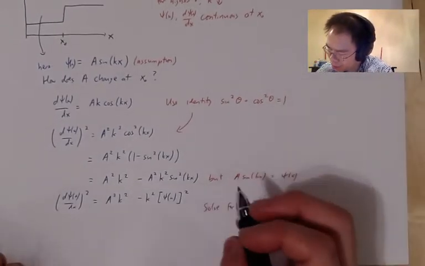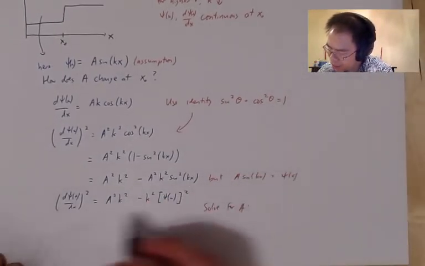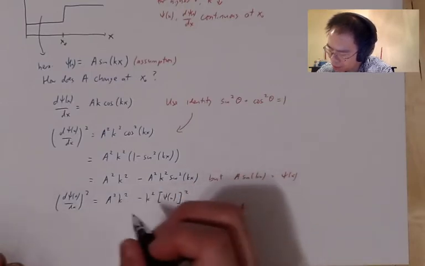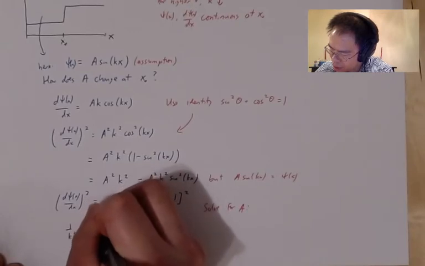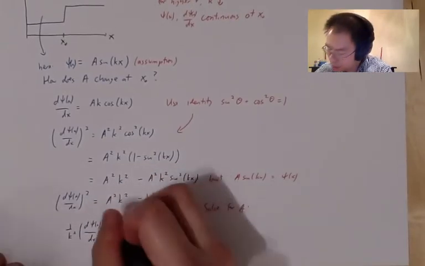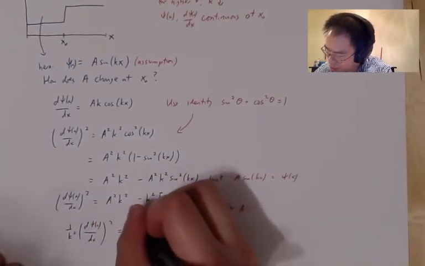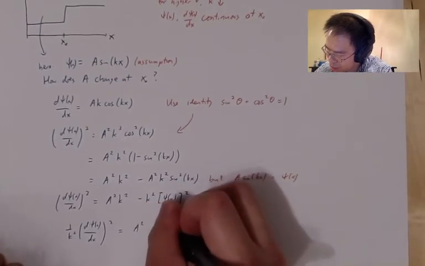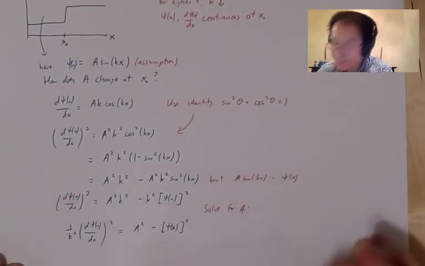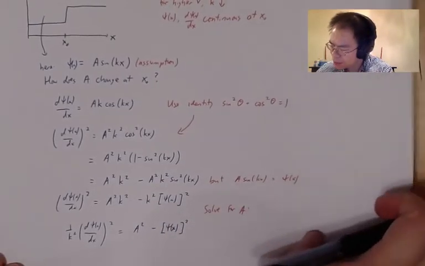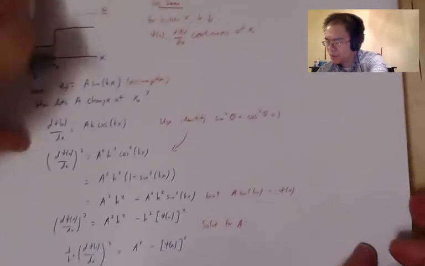Let me just divide everything by k squared. So I get 1 over k squared times d psi dx quantity squared equals A squared minus psi of x squared. And now I think you can see where this is going to go.